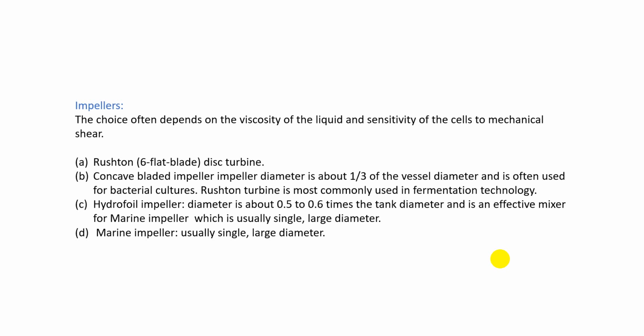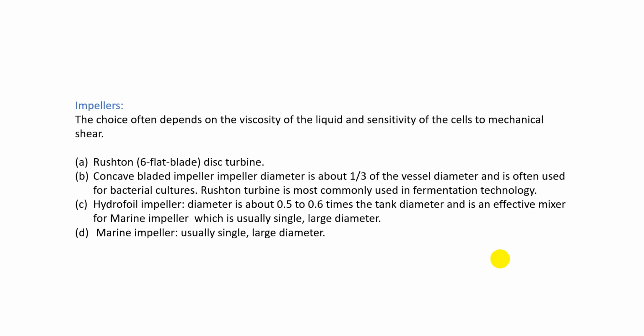Then second type is concave bladed impeller, whose diameter is about 1/3 of the vessel diameter, and it is often used for bacterial cultures. And then next is the hydrofoil impeller, whose diameter is 0.5 to 0.6 times of the tank diameter, and it is an effective mixer of the marine impeller.